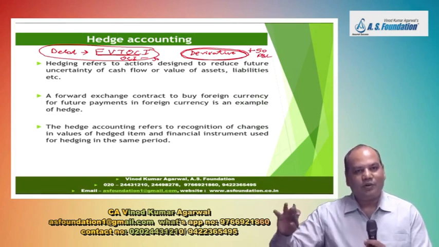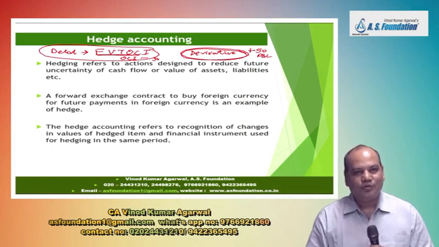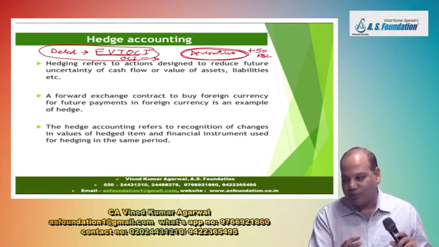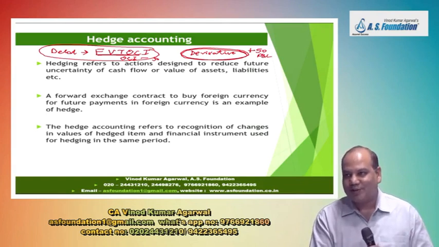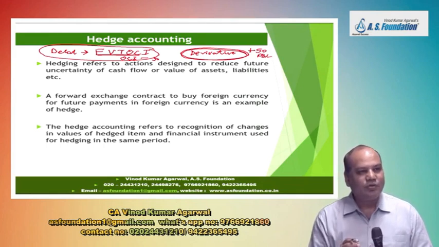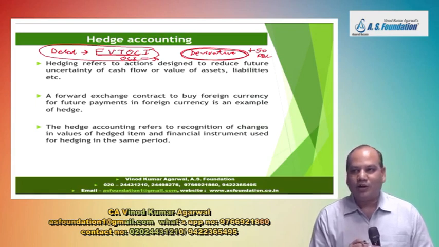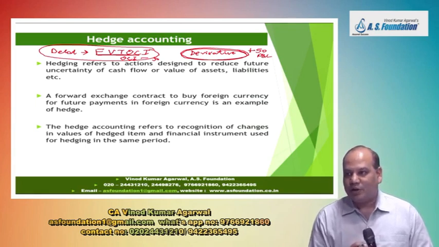And next year what will happen? You will transfer the loss to the P&L account when this instrument is derecognized. So unnecessarily, 1 year profit of 50 crore, next year loss of 50 crore. I will recycle it next year to the P&L account. So the standard says this is going to cause undue volatility in the P&L account.